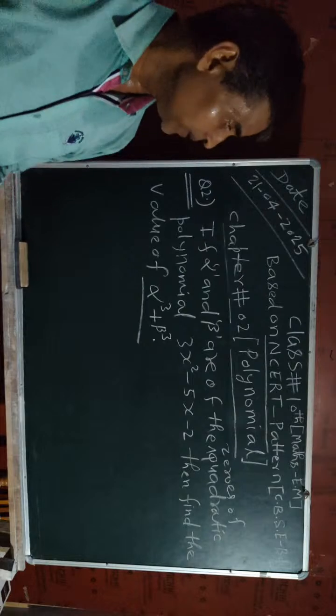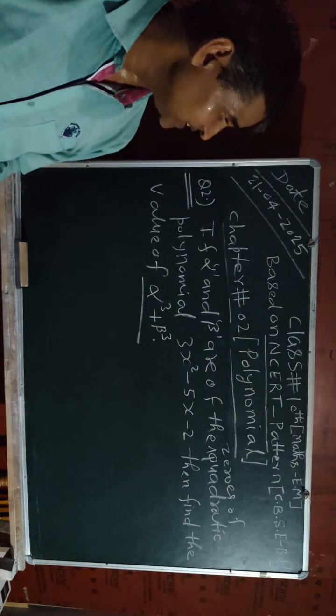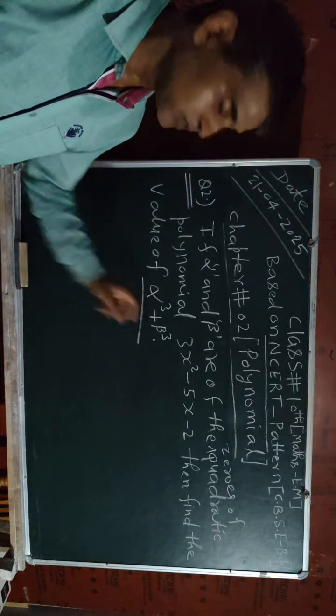This is very simple, because one quadratic polynomial is given and you have to find the value of alpha cube plus beta cube.